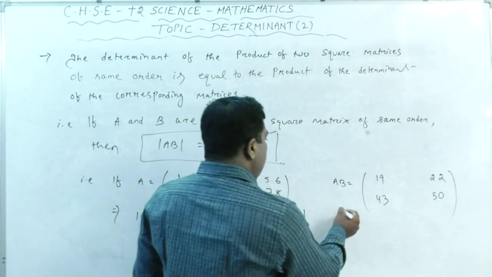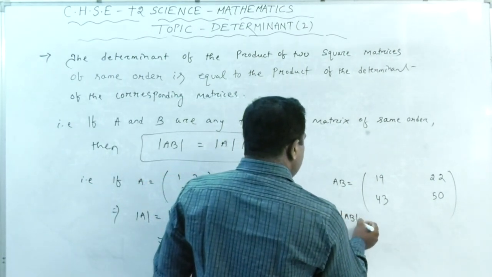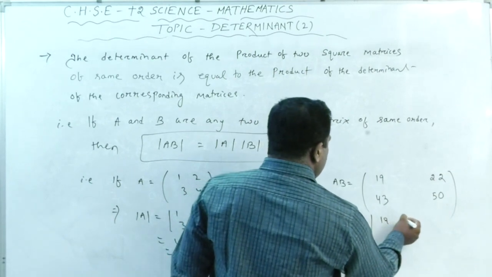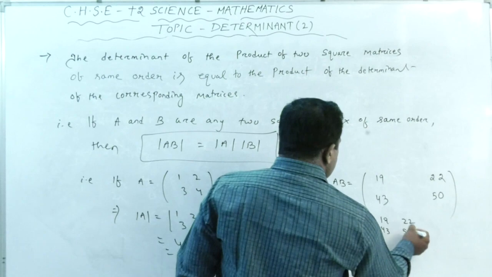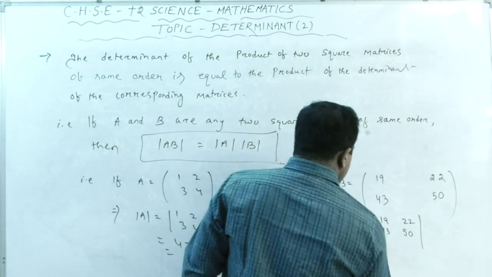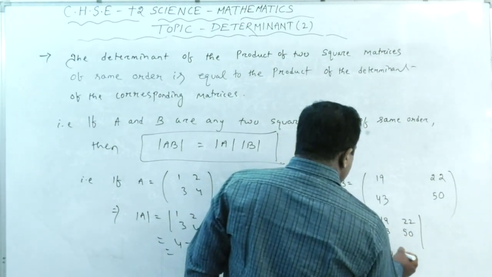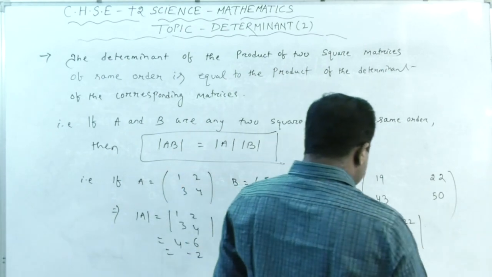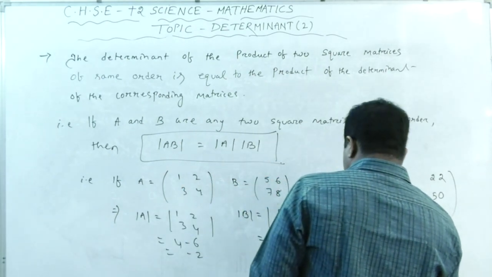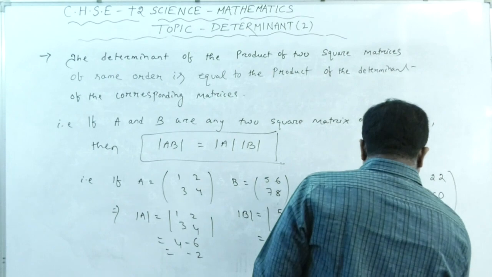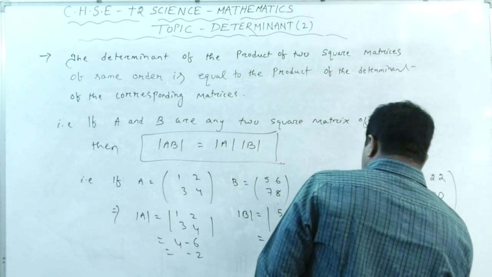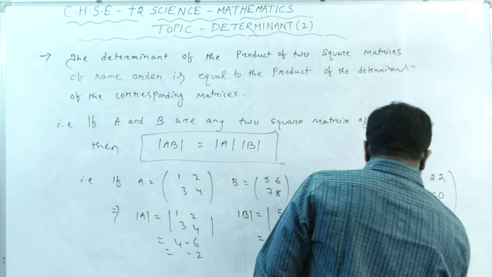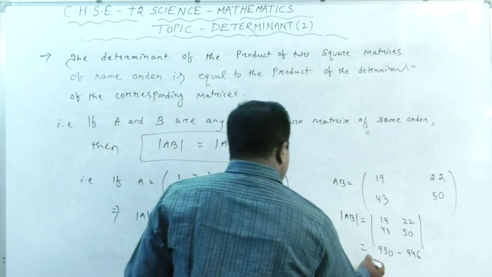Now we will find the determinant of AB, which is 19, 22, 43, 50. Its value is 950 minus 946, so you see its value is 4.